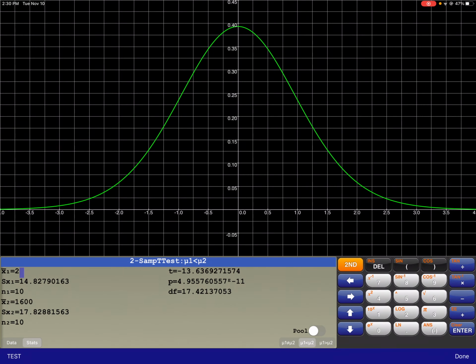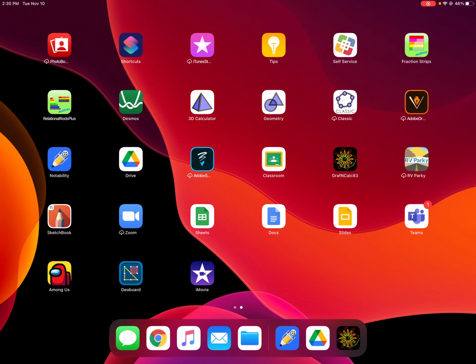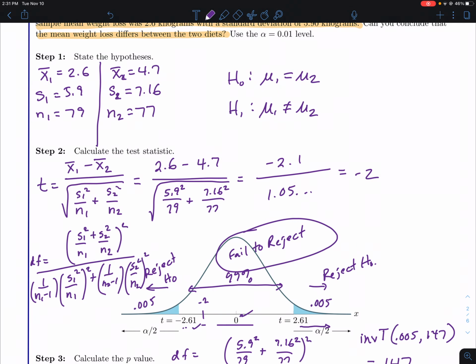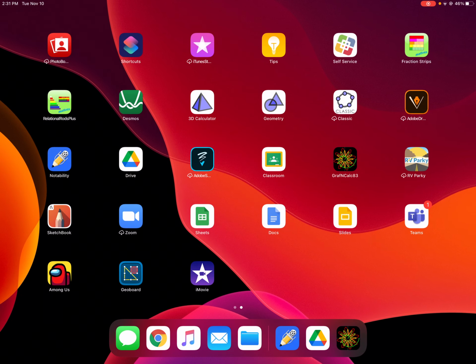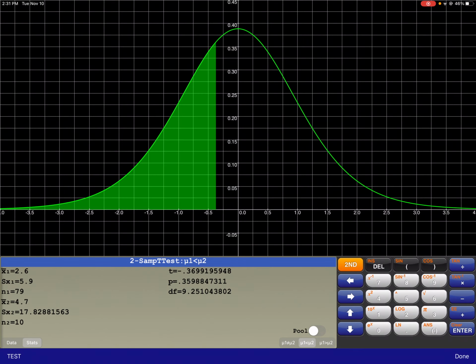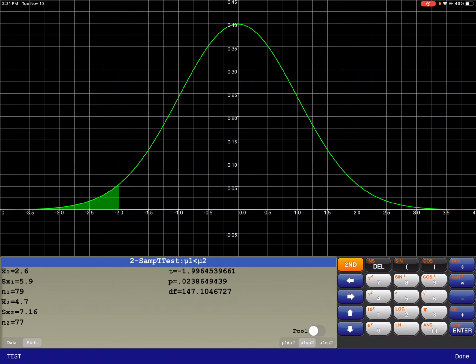So 2.6, 5.9, 79, and 4.7, 7.16, 77. And then again, for this one we want to do the less than option.